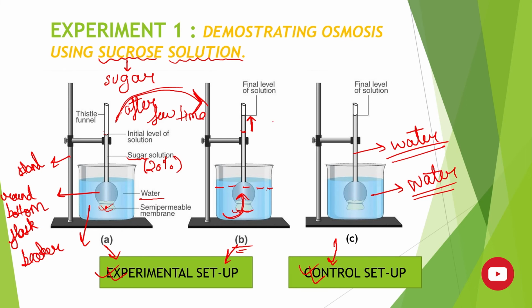So the level of water has risen here and the level of water has fallen in the beaker. Why? Because water molecules have gone inside the round bottom flask. Hence, there is a change in the level of water in both the apparatuses.